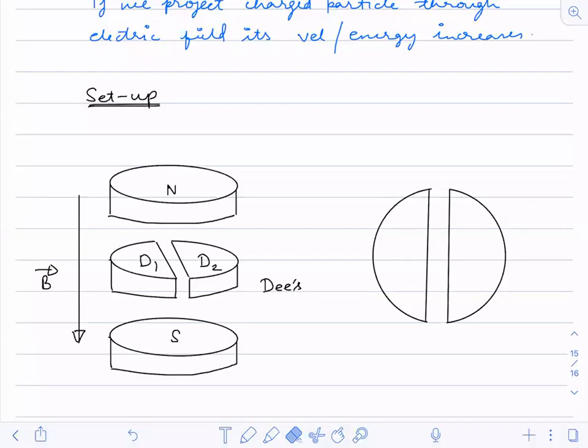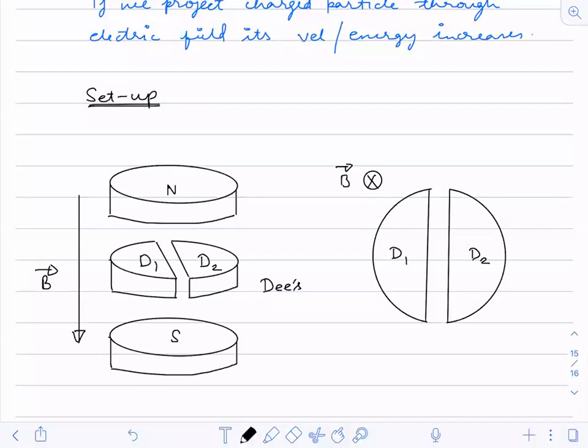This is D1, this is D2. And if you see the magnetic field from top to bottom, I can draw the magnetic field like this: the magnetic field is going into the screen. Understood?